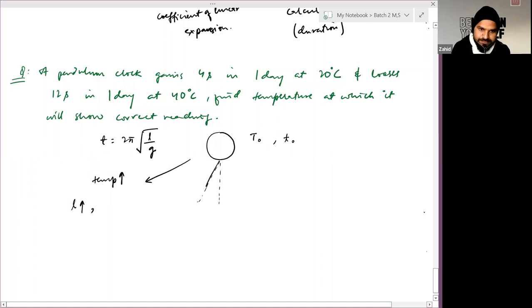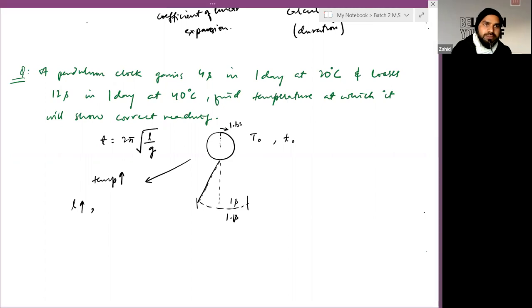Initially, on going from this point to this point, the time of oscillation from one end to another end is 1 second. But now, on increasing length, it will take 1.1 second. Suppose for this period of time, clock will read just one tick, which is just 1 second according to the reading of clock.